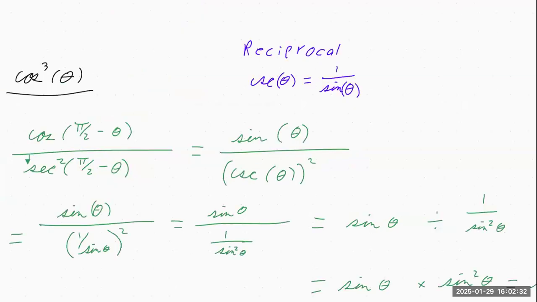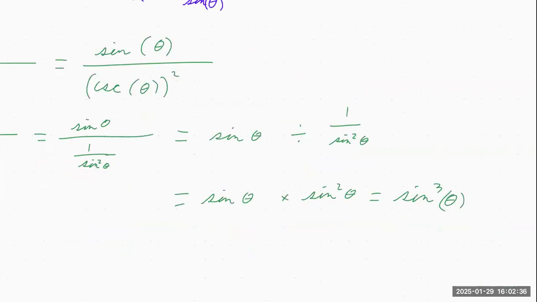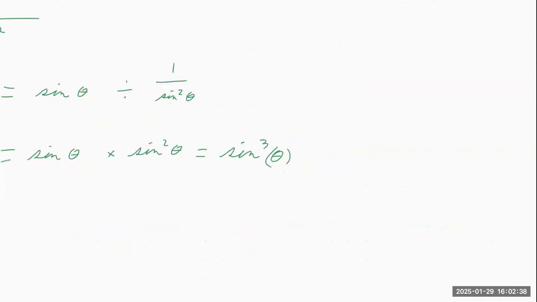You can see that if you want to by plugging in any angle where the sine does not equal cosine. So for example, let's just make it easy. Let's do pi over 2. All right, cosine cubed of pi over 2, right?